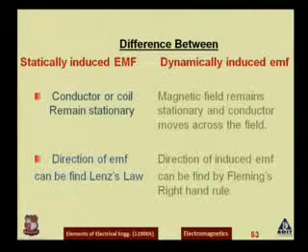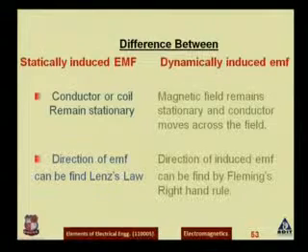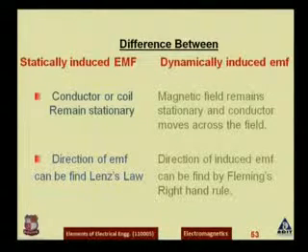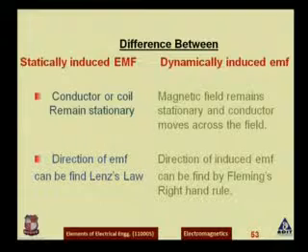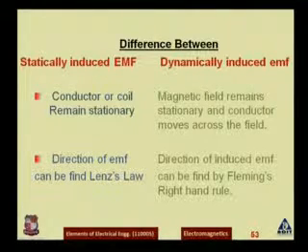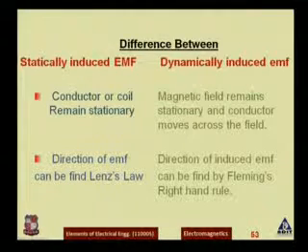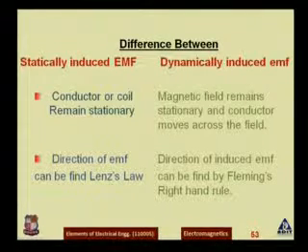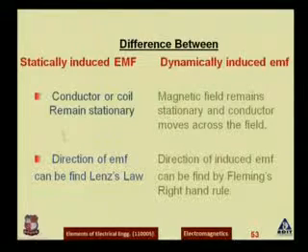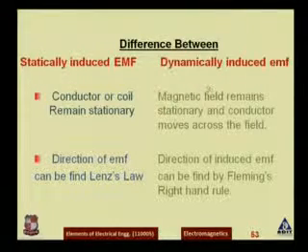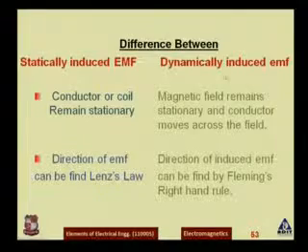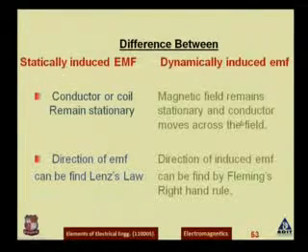Now we will see the difference between statically induced EMF and dynamically induced EMF. The statically induced EMF is induced in a circuit where the conductor or the coil remains stationary. As the name suggests, statically means some part will be stationary, while in the dynamically induced EMF, something will be rotated, right?